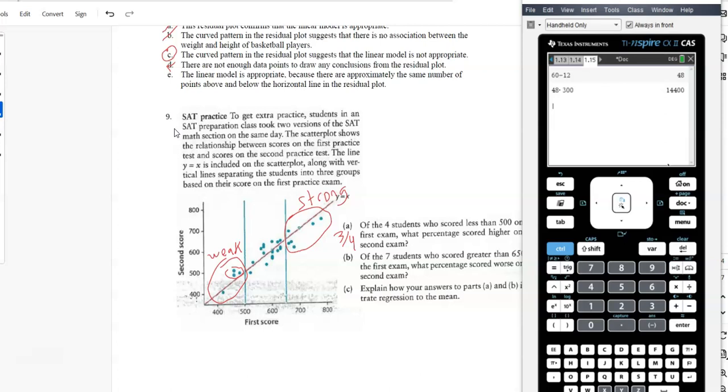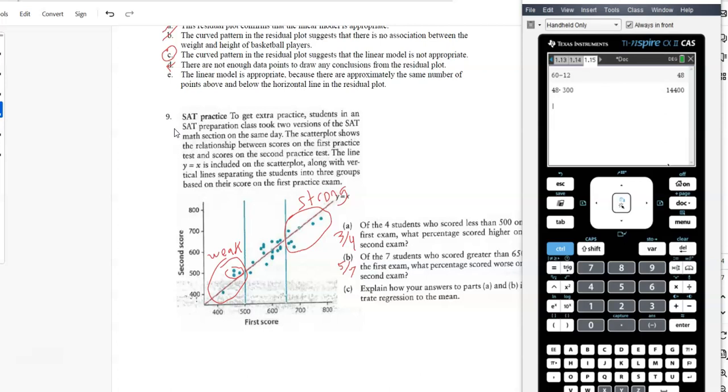Of the 7 students who were strong, it looks like 1, 2, 3, 4, 5, so 5 out of 7 scored worse on the second exam. When they scored pretty well in the first, they still didn't do badly on the second, but compared to the score in the first, they're below the y equals x line.